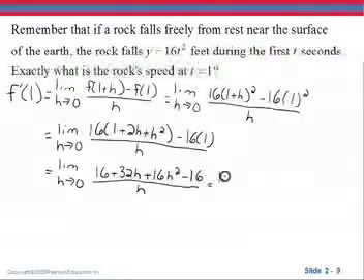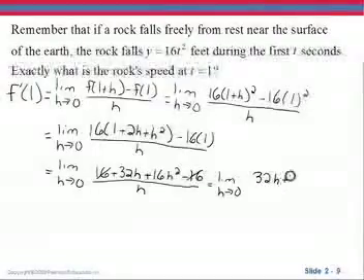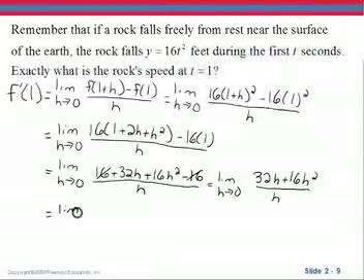Well, this will give us the limit as h approaches 0 of, since we have 16 minus 16, we can cancel those, and we'll be left with 32h plus 16h squared in the numerator and h in the denominator. Now we're still not to a point where we can plug 0 in for h, since our fraction will still be undefined, so we need to continue to simplify.